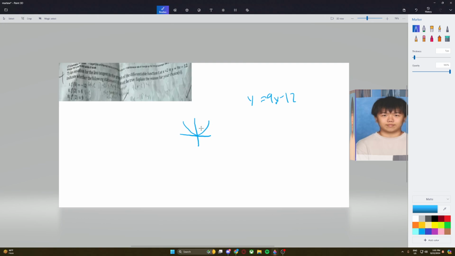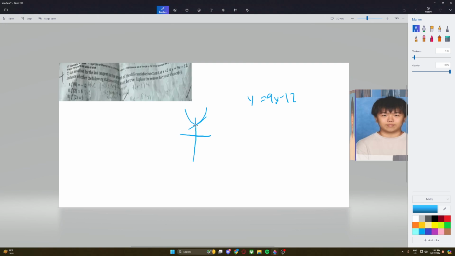At 0, it's the y-intercept, negative 12, and at 2, which could be right here, it's saying that not only does the graph of f of x at 0 equal negative 12, but this line is also at negative 12.